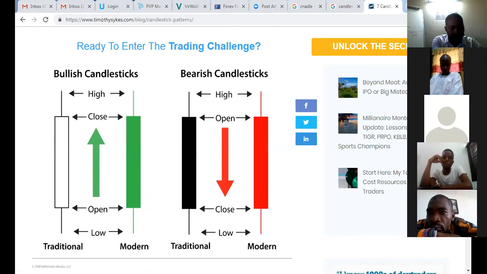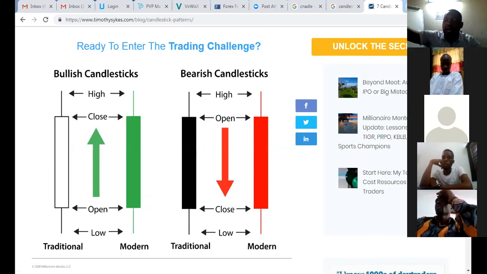Okay. Today we do candlesticks and we do support and resistance. All those are elements of price action. And me, I'm a price action trader. I don't use indicators. I hope the light behind me is not disturbing anybody. I can switch it off.